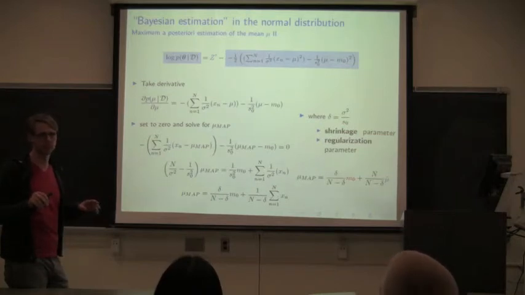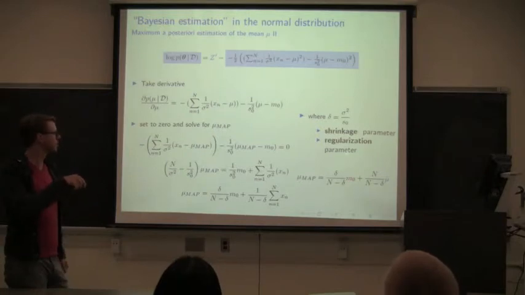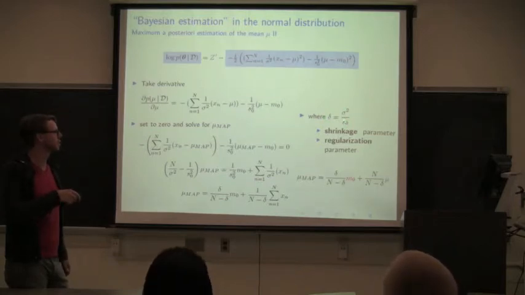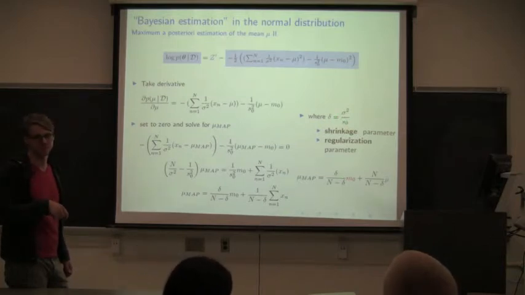For example, give it a variance that goes to infinity. If the variance goes to infinity, then basically this ratio, this parameter becomes 0, and we are left with a maximum likelihood estimate.